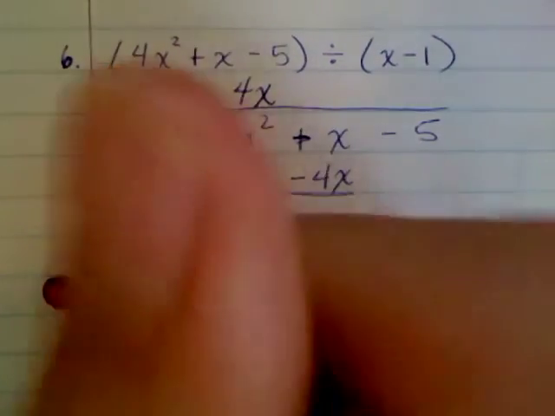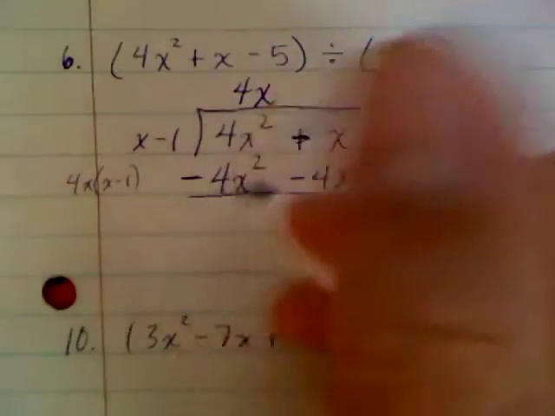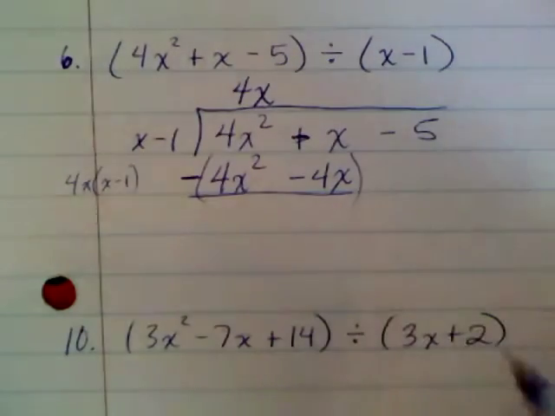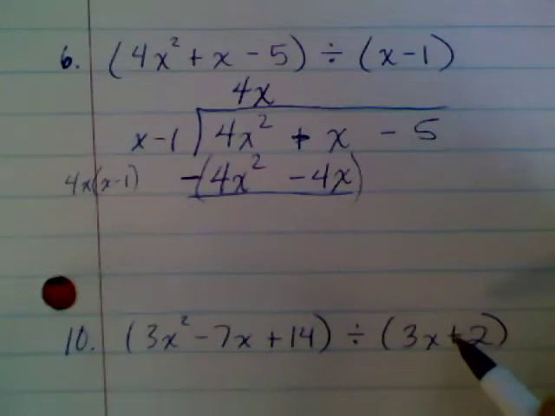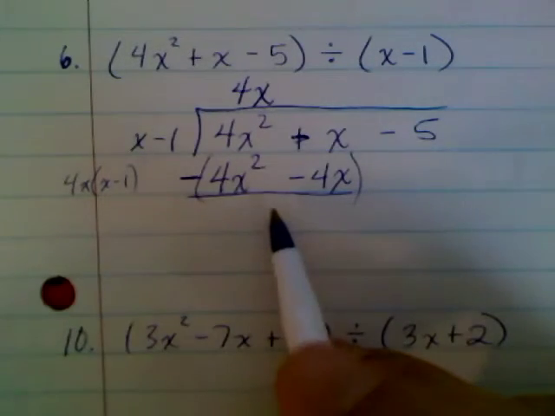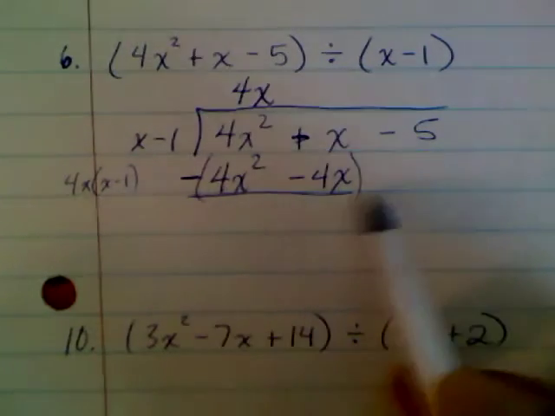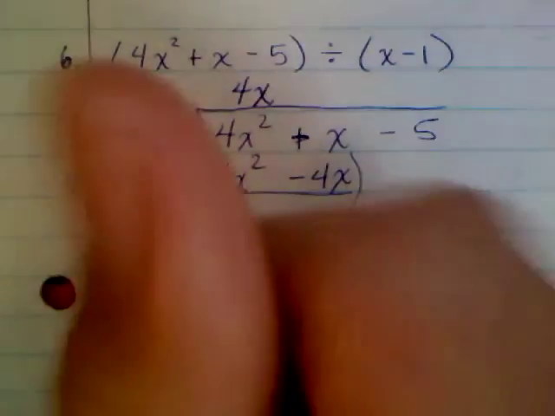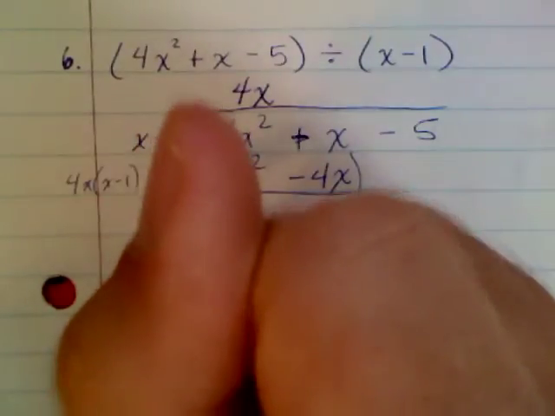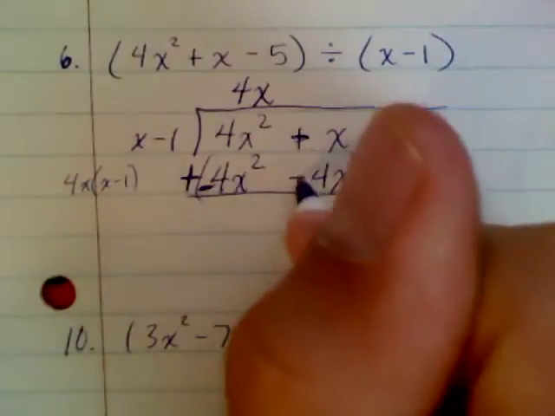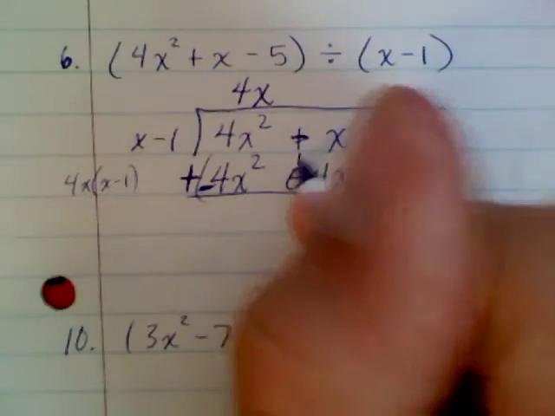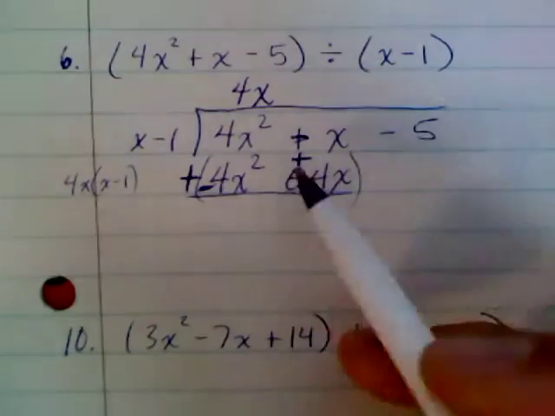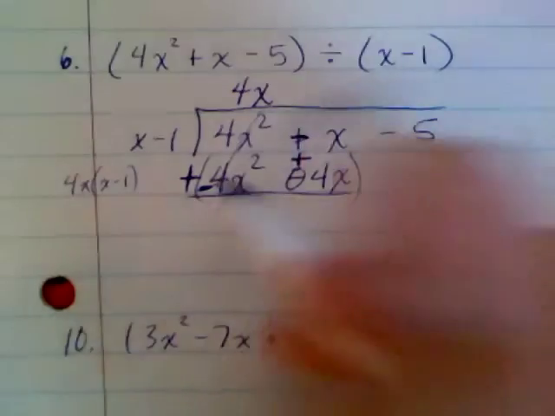I underline and subtract. But remember, when I subtract, I'm subtracting the entire thing. So basically what I tell people to do is draw the line, change all the signs. So this becomes a positive, negative, and a positive here. Draw the line, change the signs. So those cancel.